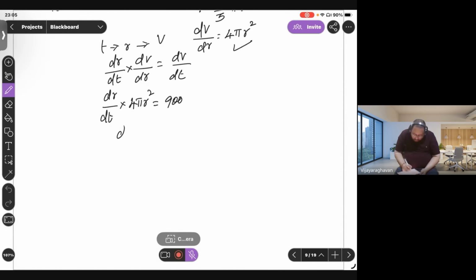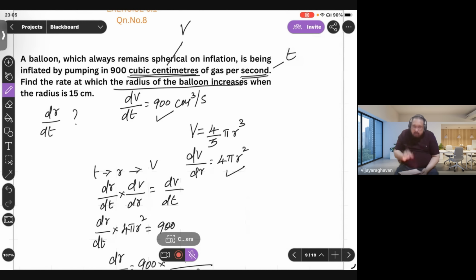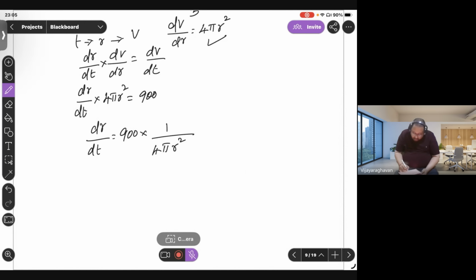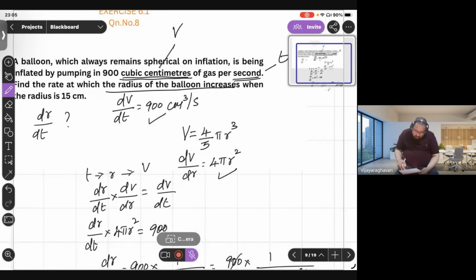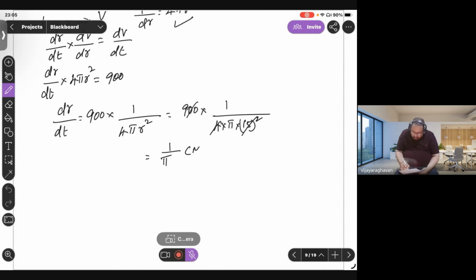Therefore, dr/dt equals 900 into 1 over 4 pi r square, and when r is 15 centimeters, we have dr/dt as 900 multiplied by 1 over 4 pi into 15 square. So 225 into 4 is 900. All this gets cancelled. We have 1 over pi.